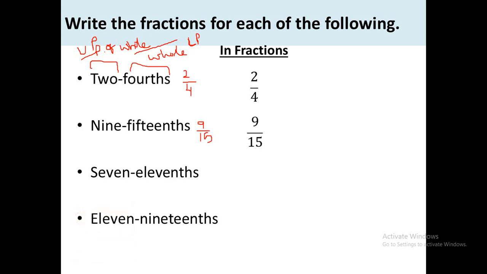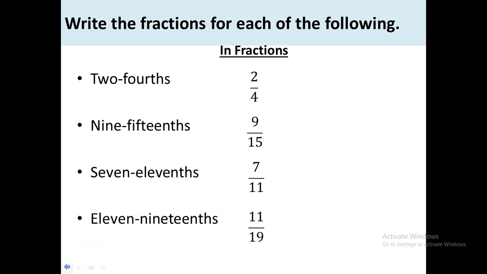That means 7 will come in the upper part of the fraction and 11th will come at the lower part of the fraction, right? So 7 by 11. So next one is 11 19ths. So it is 11 by 19, right? I hope this is clear to you all.